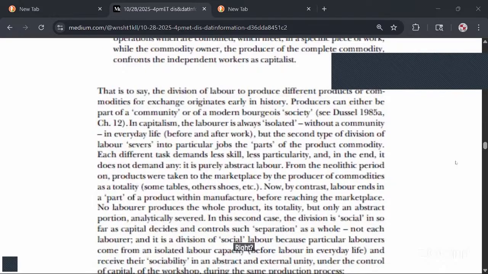The production line, made even more constrained by just-in-time supply.